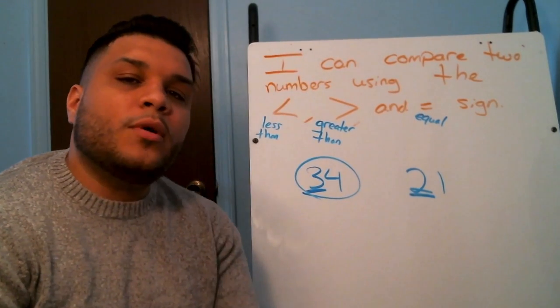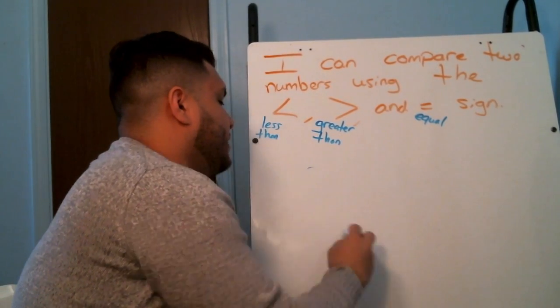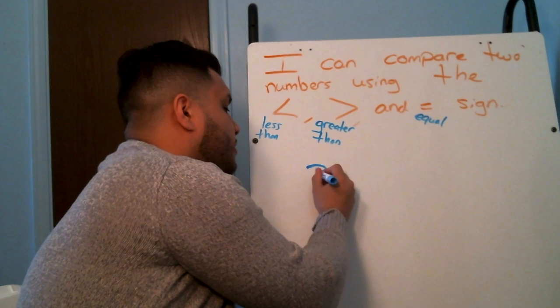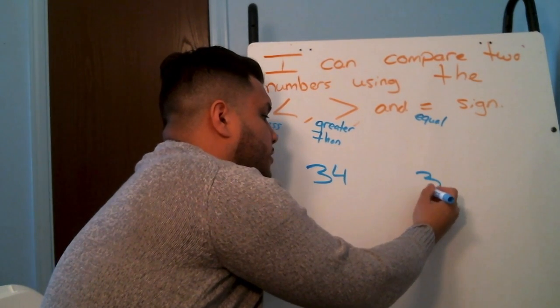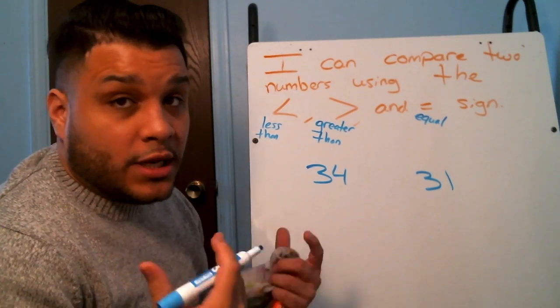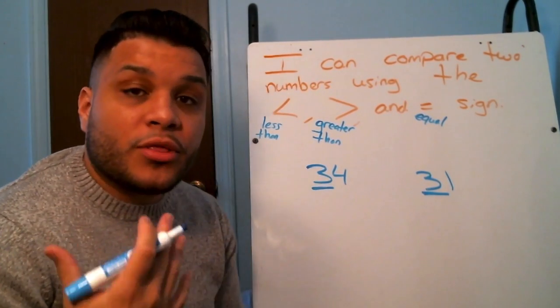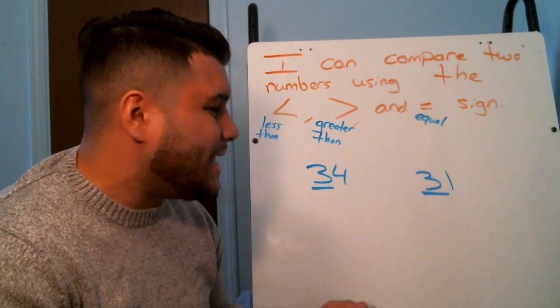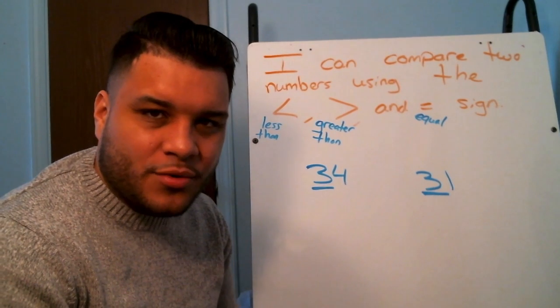But what will happen if we have something like this? 34, 31. We look at our tens place first, but they're both 3. Does that mean that 34 and 31 are the same number, that they're equal?